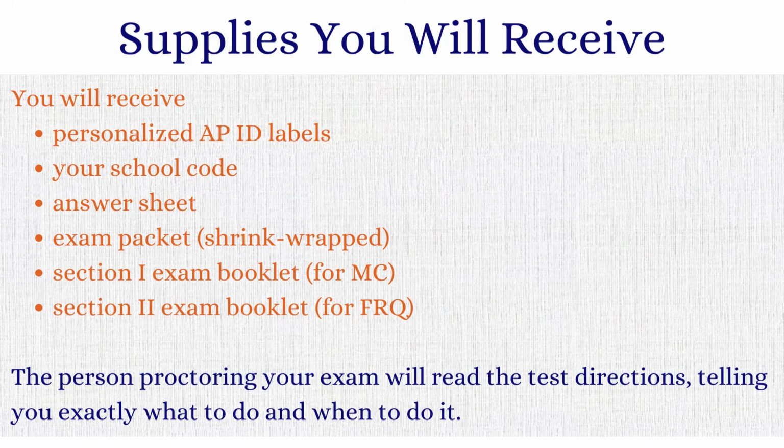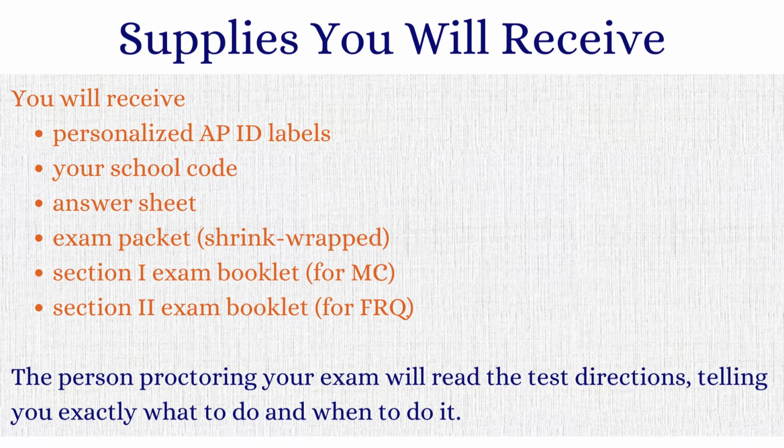On testing day, you're going to receive a number of supplies, and the people who are proctoring your test are going to tell you exactly which things you need at which point. So don't worry, the directions are all spelled out for you. But some of the things that you're going to receive are AP ID labels. You're also going to be told what your school code is. You're going to have an answer sheet for the multiple choice where you bubble in your answers.